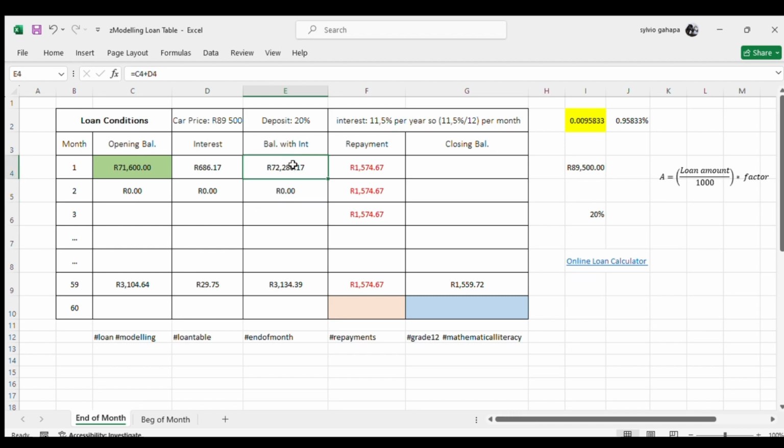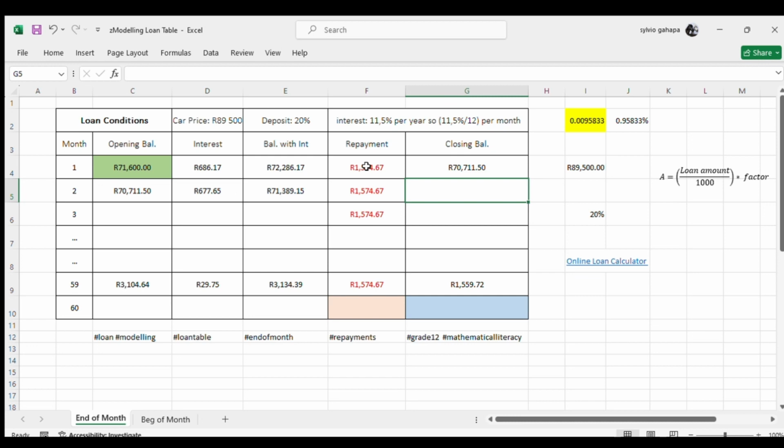Now when you have the balance with interest, the next thing is to pay your first repayment, right? As you can see here, it's 1,574.67. So that is being paid. So what will be the closing balance at the end of that first month? It will be the balance with interest, which in this case is 72,286.17, minus your repayment, and that will give you a closing balance of 70,711.50.